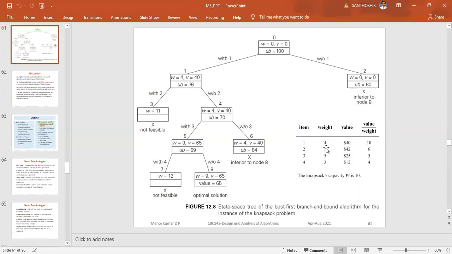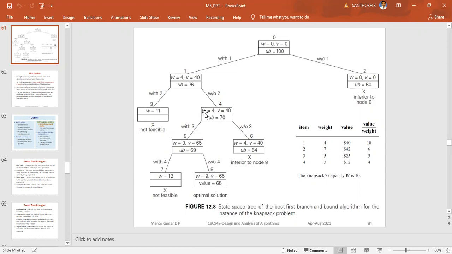With 2, 7 plus 4 is equal to 11, so you can't. Without 2, you will get 4. So this is node 2. Without 2, W equals 4, V equals 40, upper bound is equal to 70. Now for this part, it is not feasible because our capacity is 10, but here the W value is 11. So go with without 2.